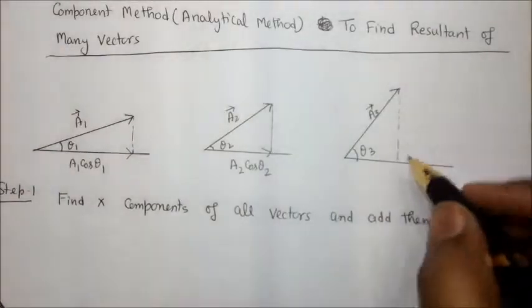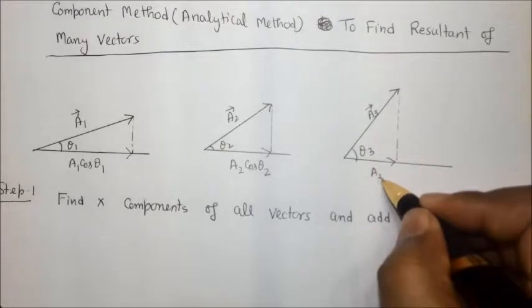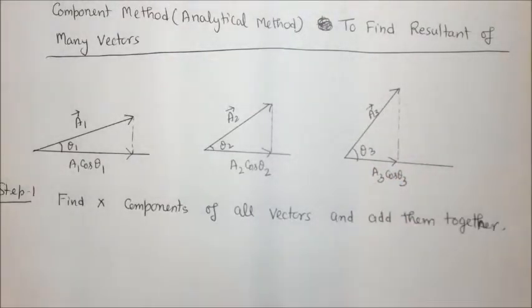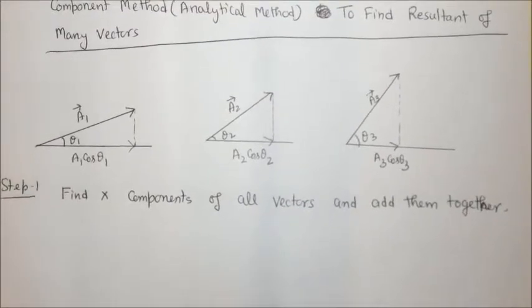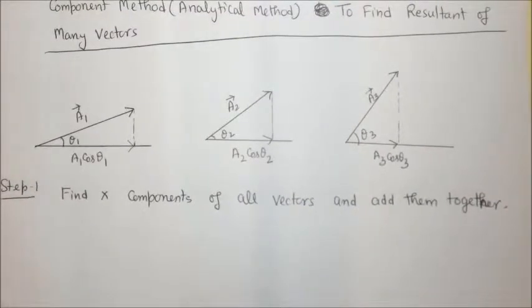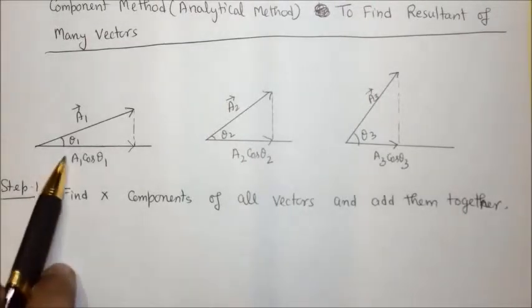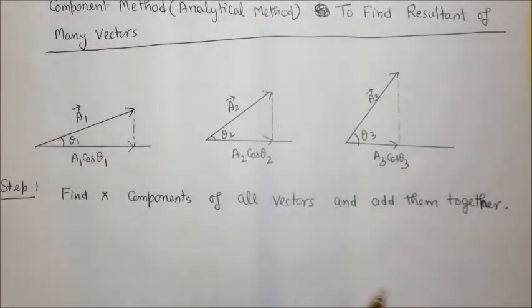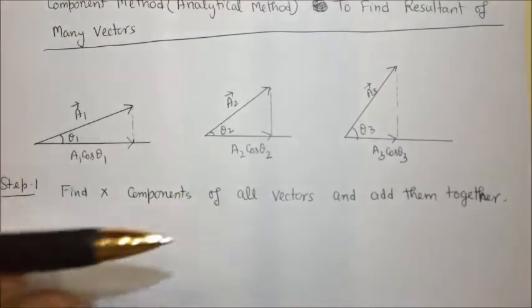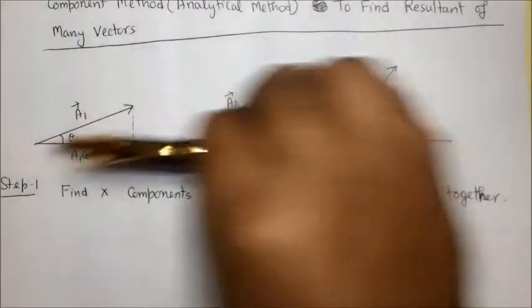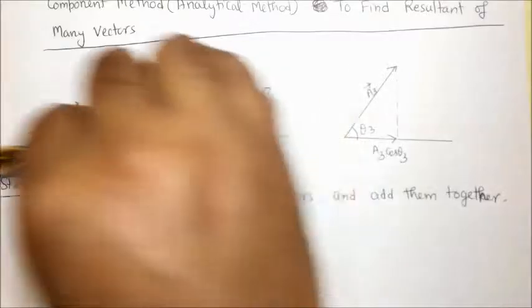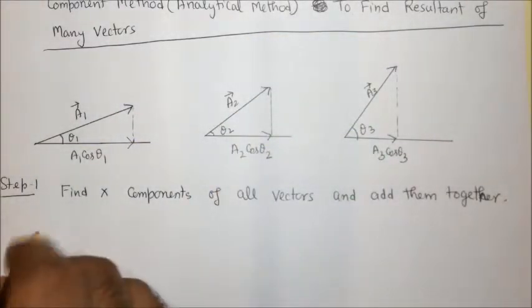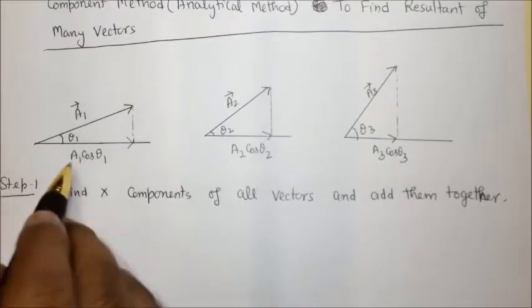X component of A3 is going to be A3 cosine theta 3. Now they all are along the horizontal direction, so they can be added without any problem.